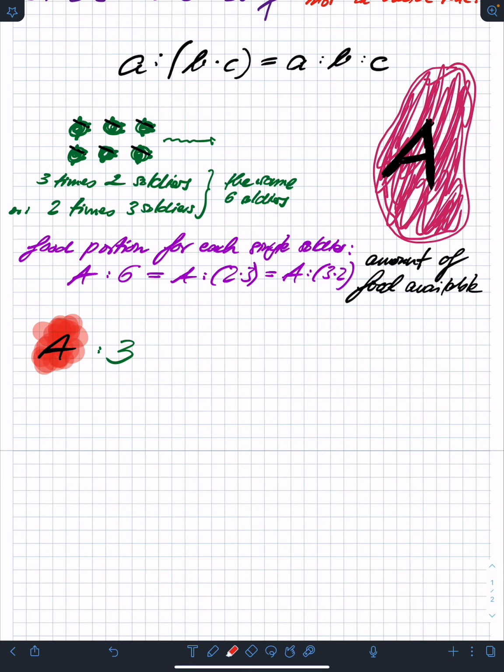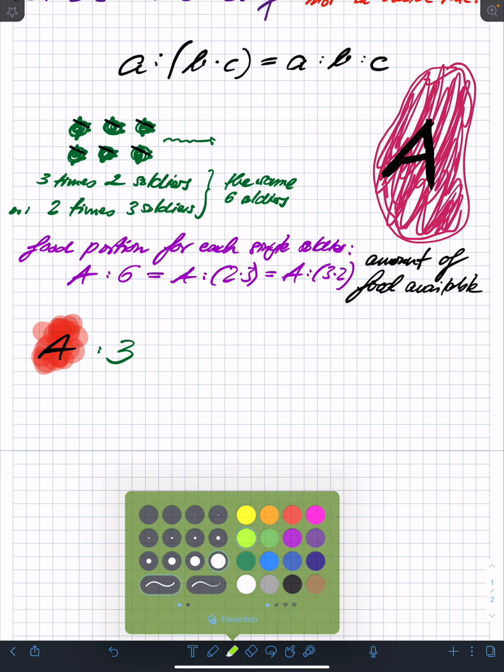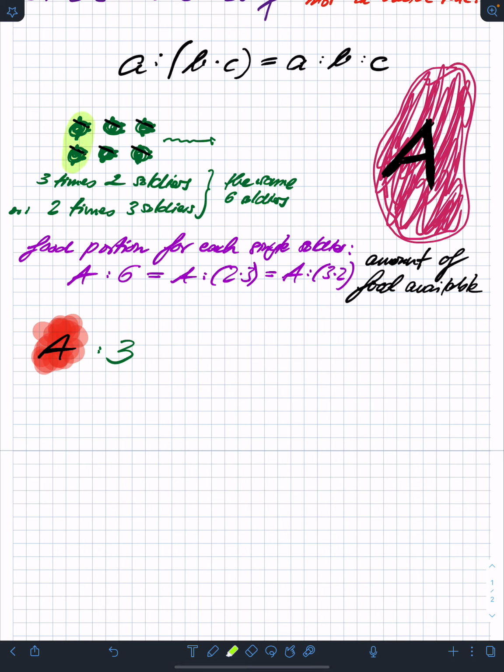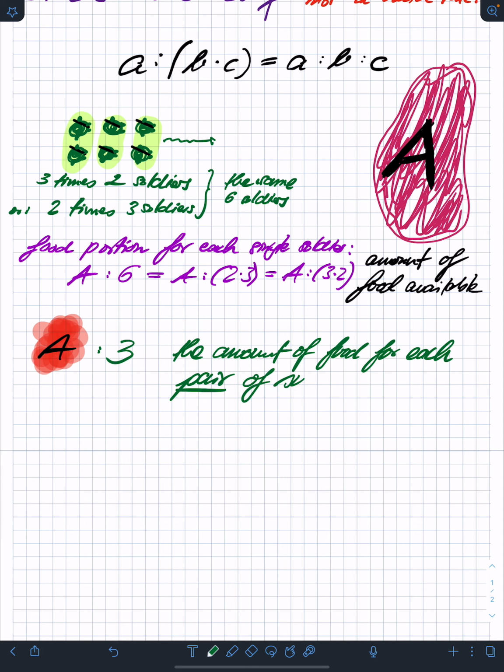So, this is the amount of food that these 2 guys get, and these 2 guys, and these 2 guys. So, I write this here. The amount of food for each pair of soldiers. And then you have to say, yeah, okay, but how much will 1 get?